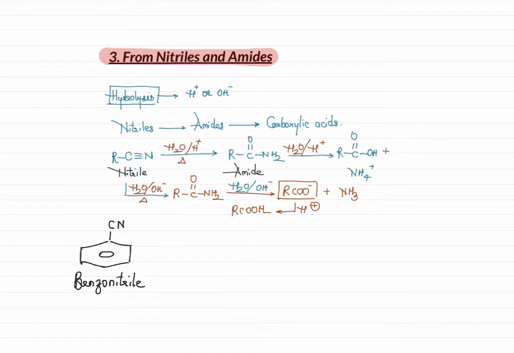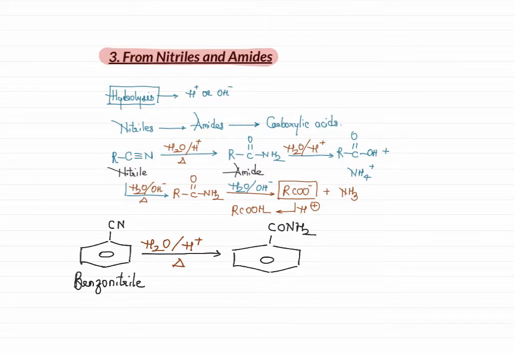Now, the more IUPAC name would be benzene carbonitrile. You can use water, and you can use acidic conditions and heat. You end up getting CONH2. This is benzamide.